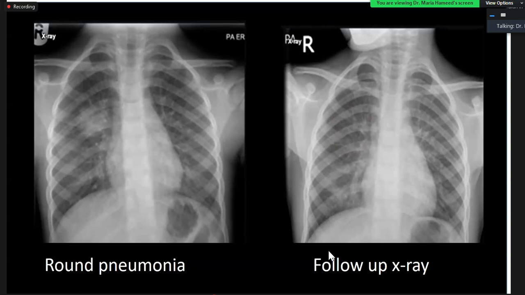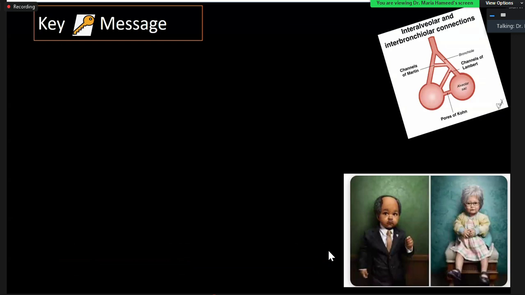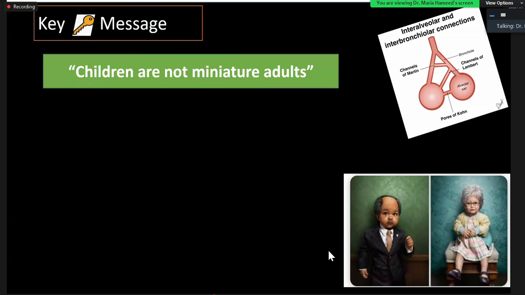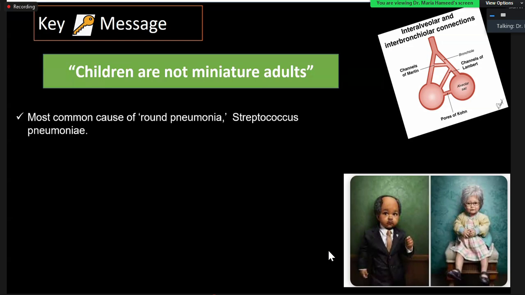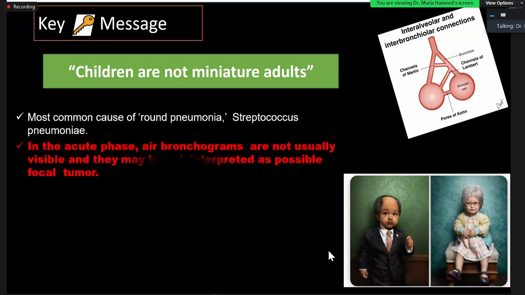Follow-up is important, but sometimes even without follow-up the patient is fine. So this was a case of round pneumonia, and I'm really happy most of the audience picked up the right answer. The key message on this slide is that children are not miniature adults, as we are dealing with a different entity that can mimic a mass.